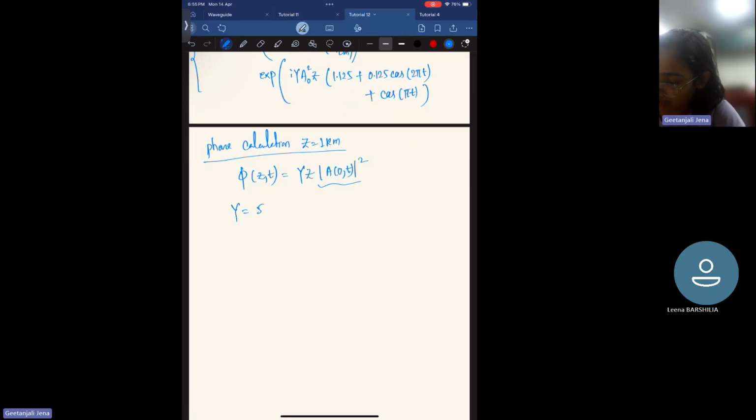It is 5 watt per kilometer, and z is given 1 kilometer, and A0 was given 1 over square root of 2.